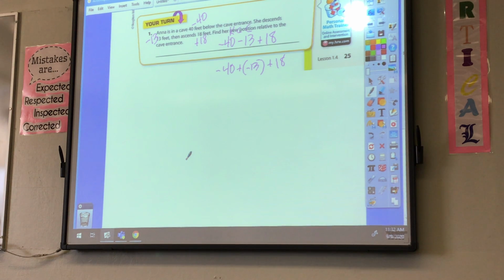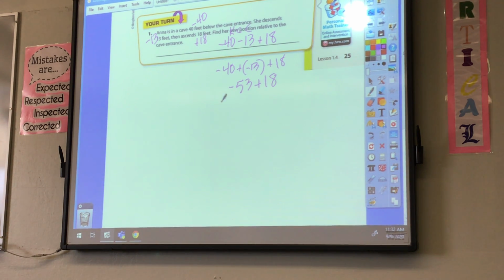So here's the reason I do that. For most of us, negative 40 minus 13 is harder than negative 40 plus negative 13 because this is same sign addition. We can see we put those two numbers together, a 40 and a 13. We keep the sign and add them, and then we have this.